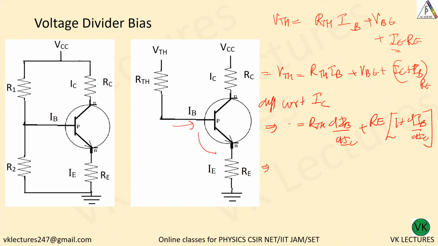Again, what you want? dIB by dIC. So dIB by dIC is equal to minus RE divided by RTH plus RE.